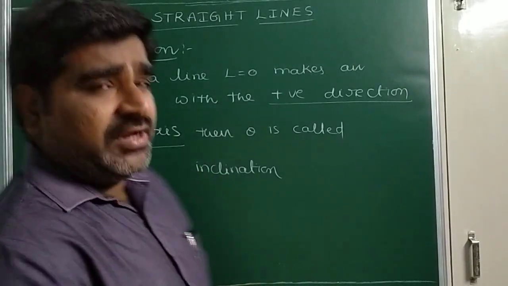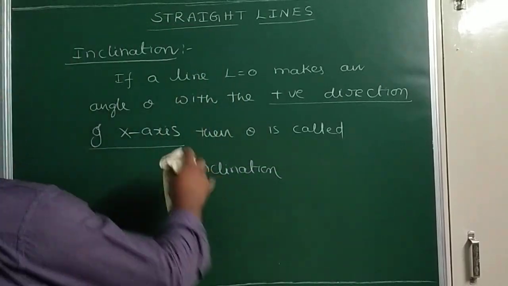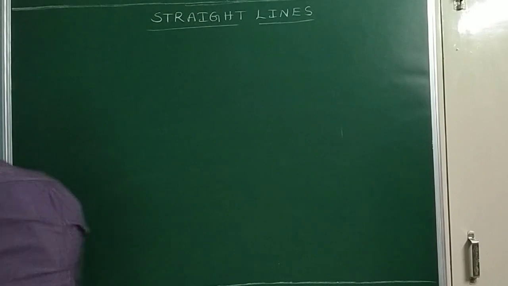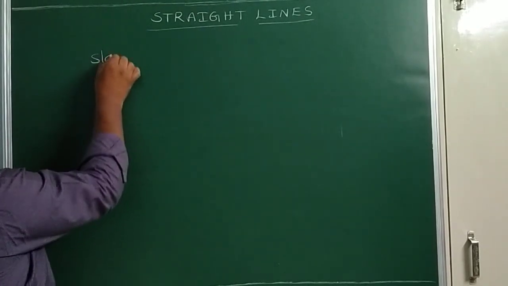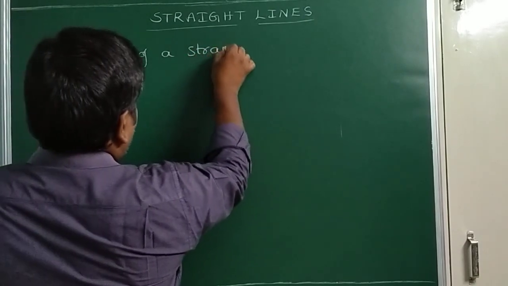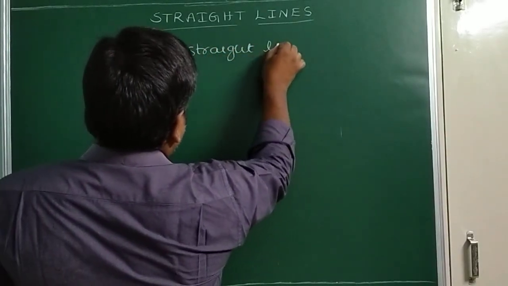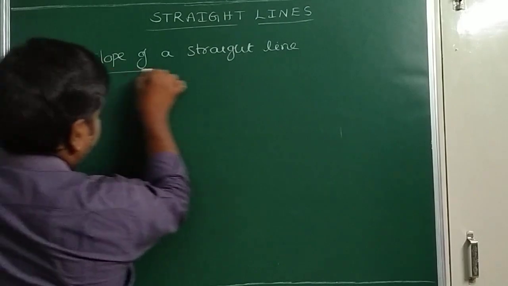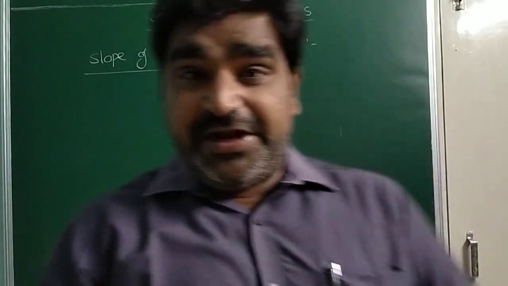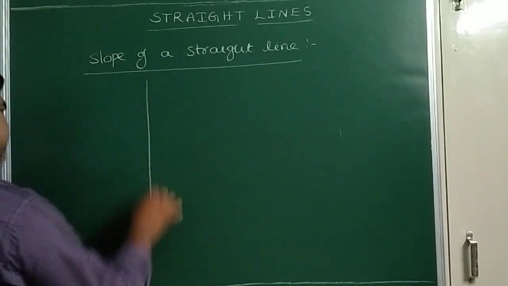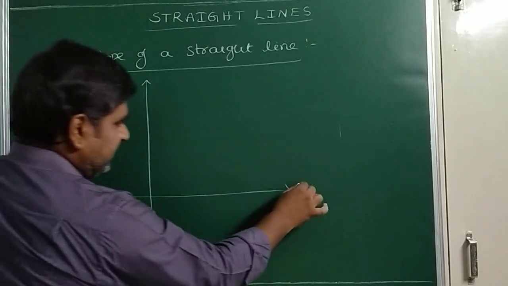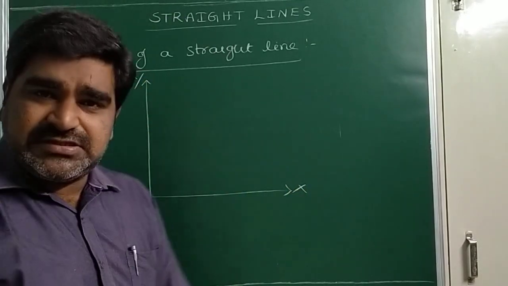After inclination, the second concept in straight lines is the slope of a straight line. Just now I discussed the concept of inclination. See, this is the x-axis and this is the y-axis.